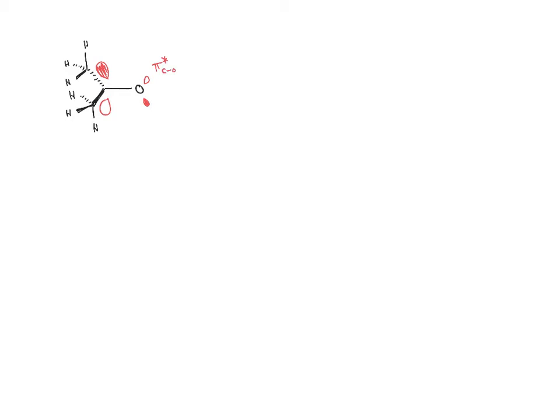And this pi star CO orbital is overlapping with several CH bonds. Okay, so there's an interaction here and an interaction here. And so we've got 6 sigma CH bonds overlapping with the pi star CO. And so you've got lots of sigma donation happening here. And this delocalization can occur 6 times, which is going to raise the LUMO of the ketone, making it less reactive.